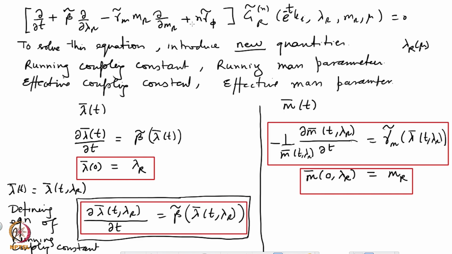Okay, so now we have defined these two objects. Let's see how they can be useful in solving the differential equation. So in this equation here, maybe now that I am boxing, I will box this also.